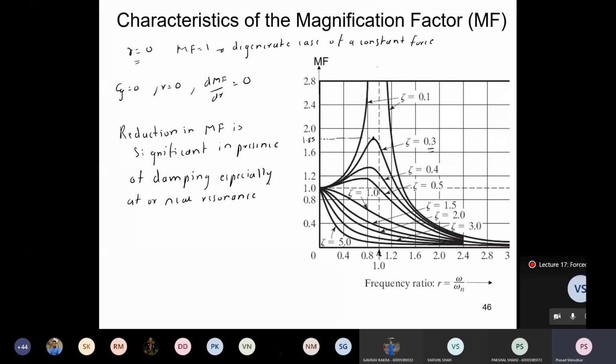So from infinity at zeta equal to 0, it reduces to about 1.85 once some damping is introduced.